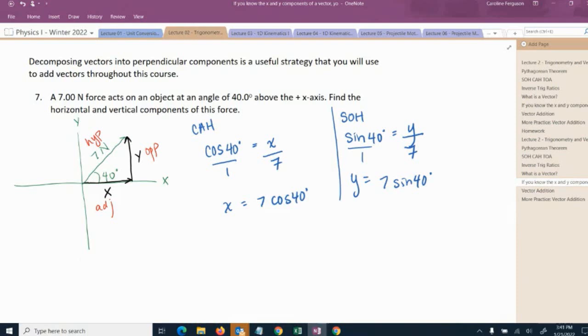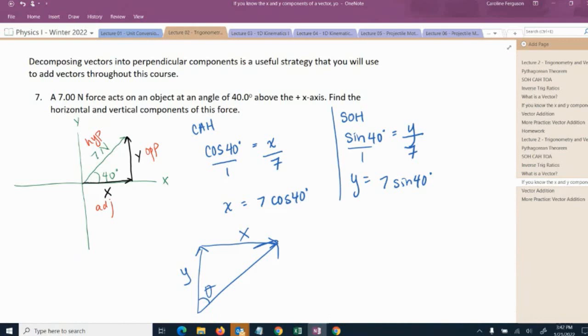And when you're looking for the opposite side, you're going to use sine. But the adjacent side is not always x. Because what if I gave you a triangle that looked like this? This is x, this is y, and this is my angle. Do you see how in this triangle, the adjacent side is y? It depends on how your triangle's given to you.